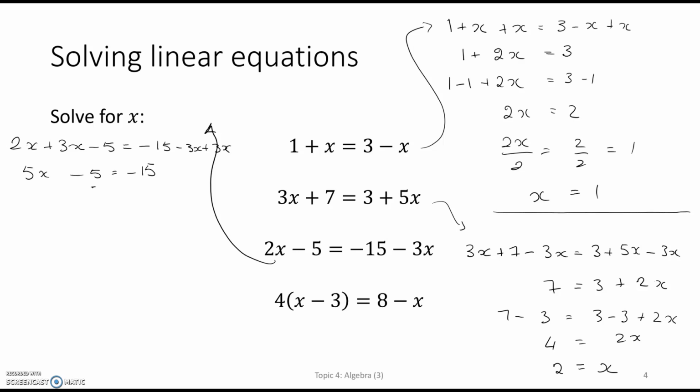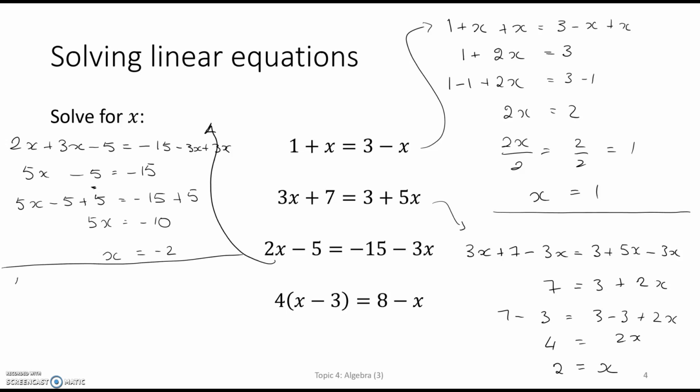Now I'm going to add 5 to each side. Tidy it up. 5x equals negative 10. I didn't want 5x, I only wanted 1x. I'm going to have to divide each side by 5. Check your answer.